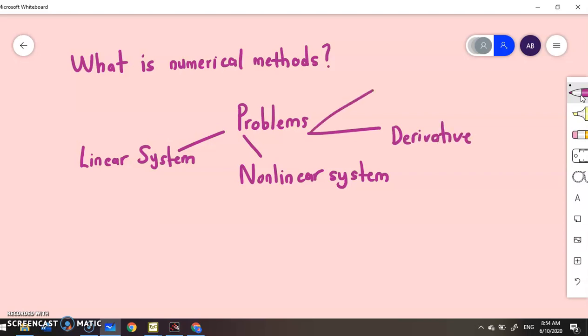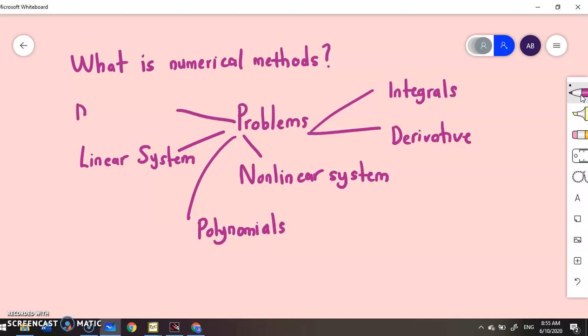You have problems that involve integrals, and you can also have a polynomial, and you can also have a differential equation. So these are all the problems that we want to solve in this course, numerical methods.